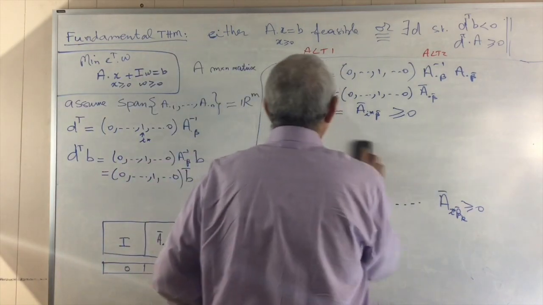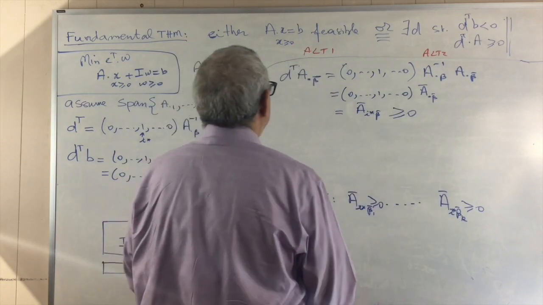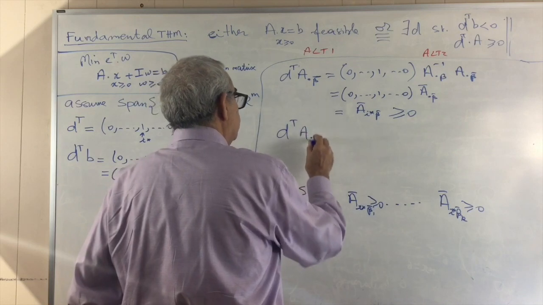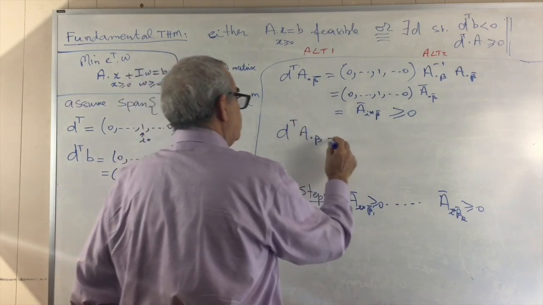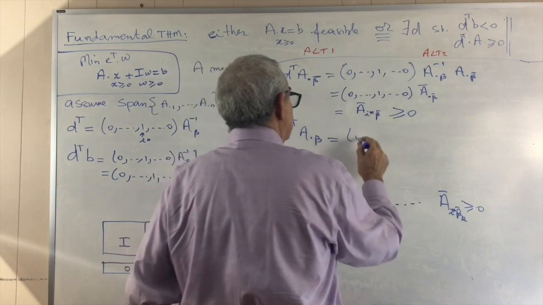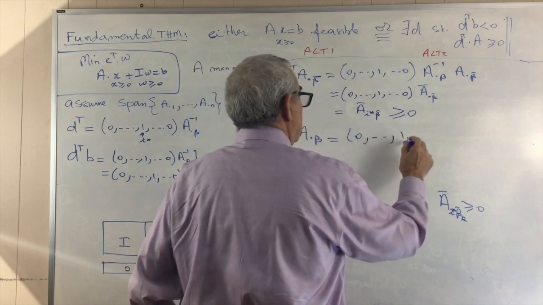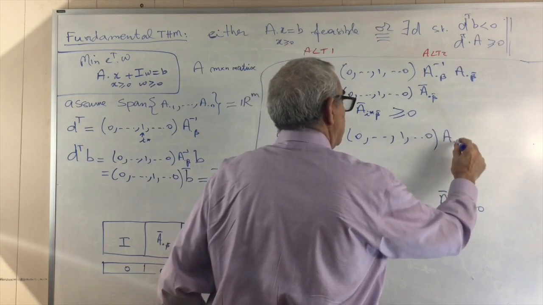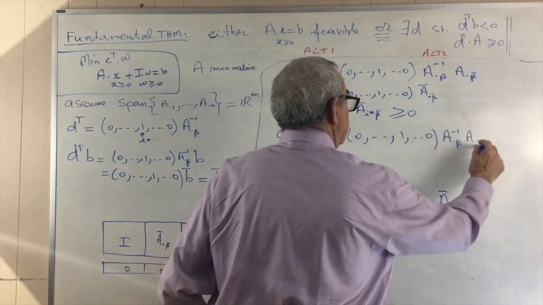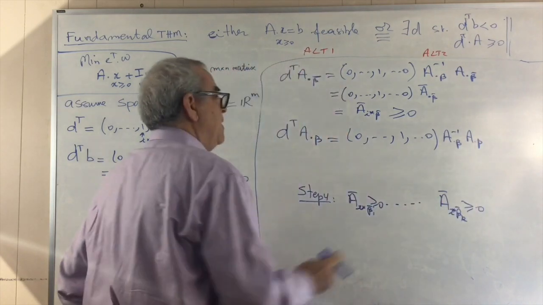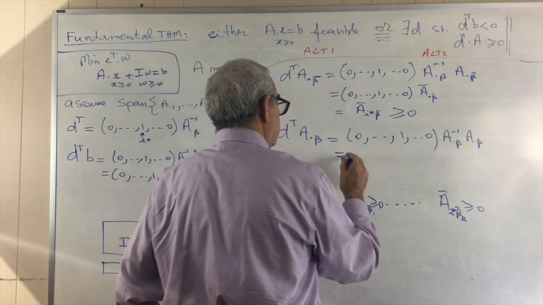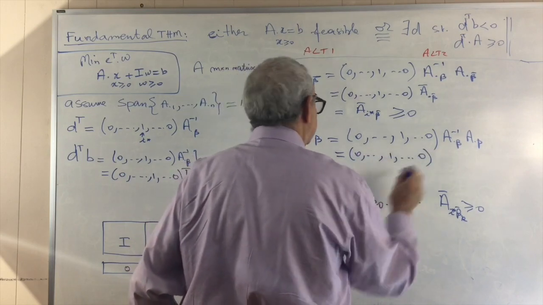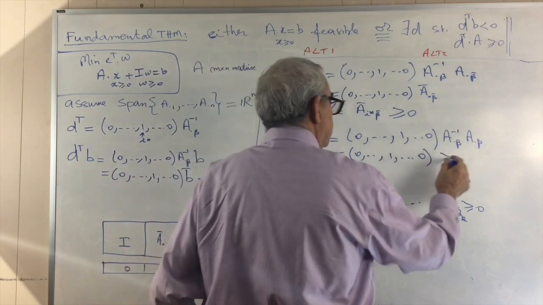How about the rest of the columns of A? So D transpose A dot beta is equal to 0, 1, 0 times A dot beta minus 1 times A dot beta. That's the identity, so this is equal to 0, 1, 0, and this is greater or equal to 0.